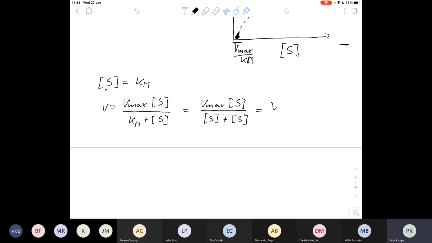So that's the same as, and Reynolds has already written it down, S divided by 2S. The S cancels out, and I get 1/2 of Vmax.